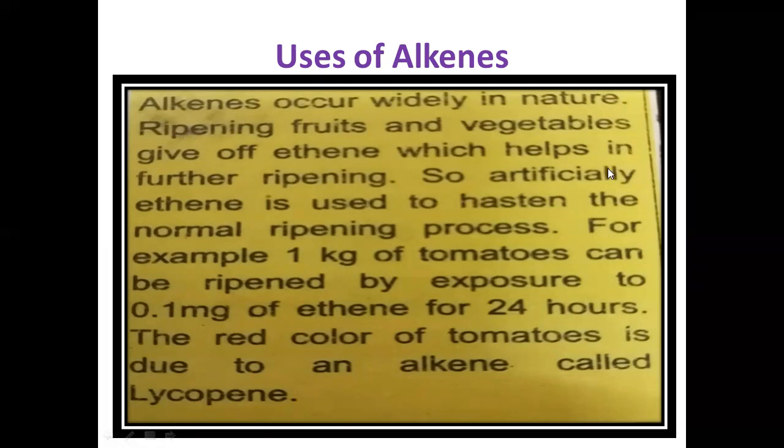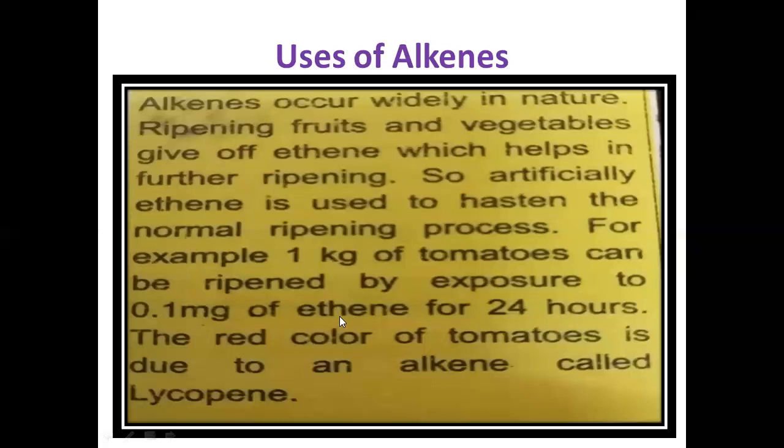If you want to ripen the fruit artificially, we use ethene to hasten the normal ripening process. For example, 1 kilogram of tomatoes can be ripened by exposure to only 0.1 milligrams of ethene for 24 hours. If you want to ripen fruits and vegetables in 24 hours, you will use only 0.1 milligram of ethene for that purpose.